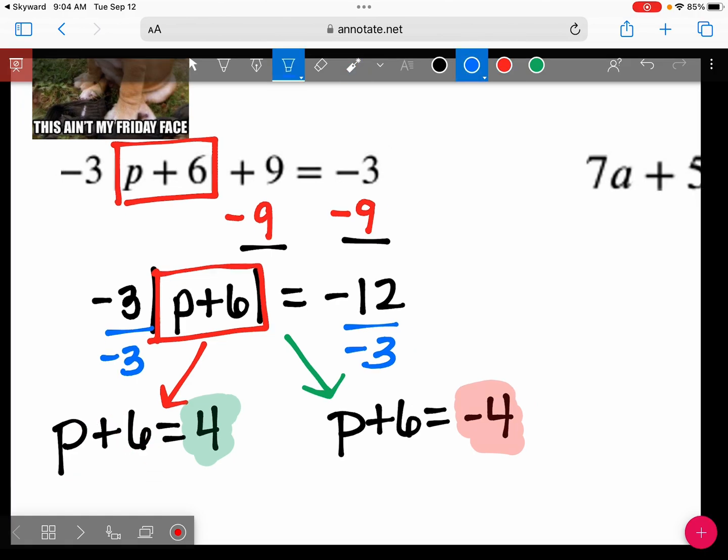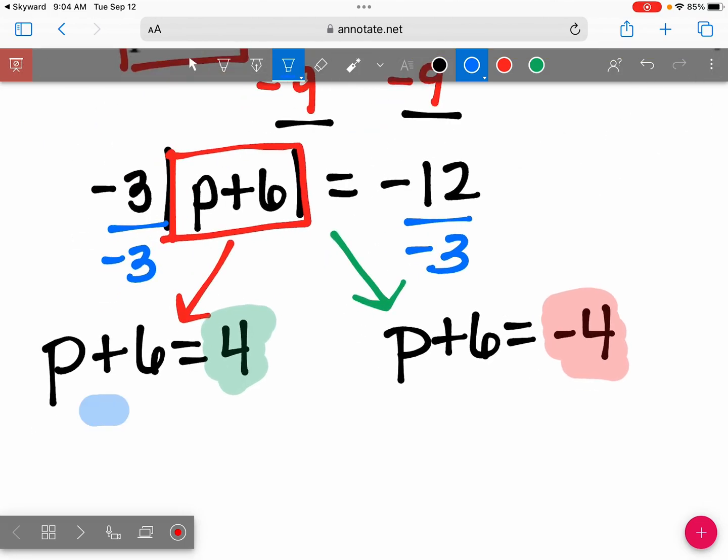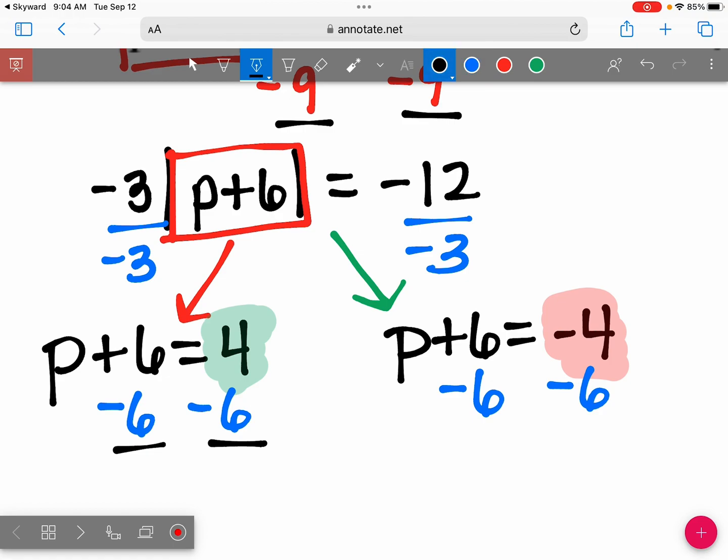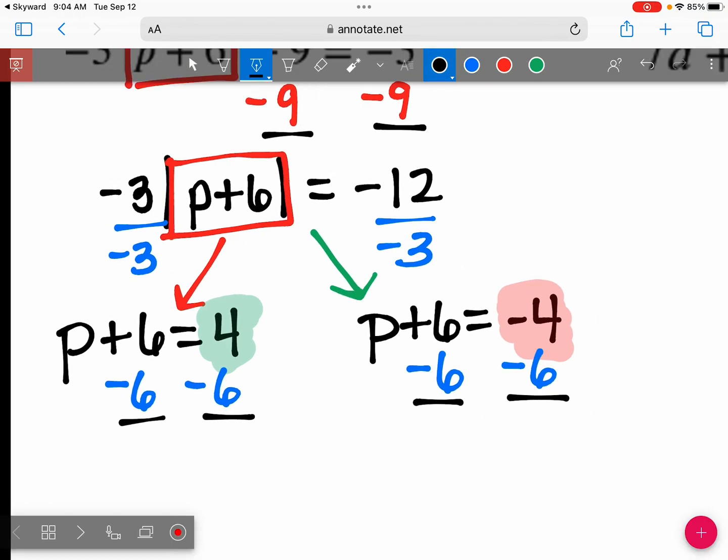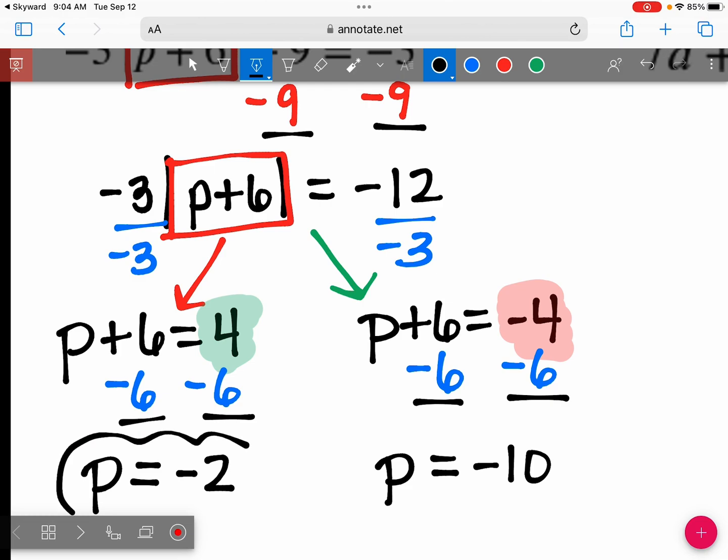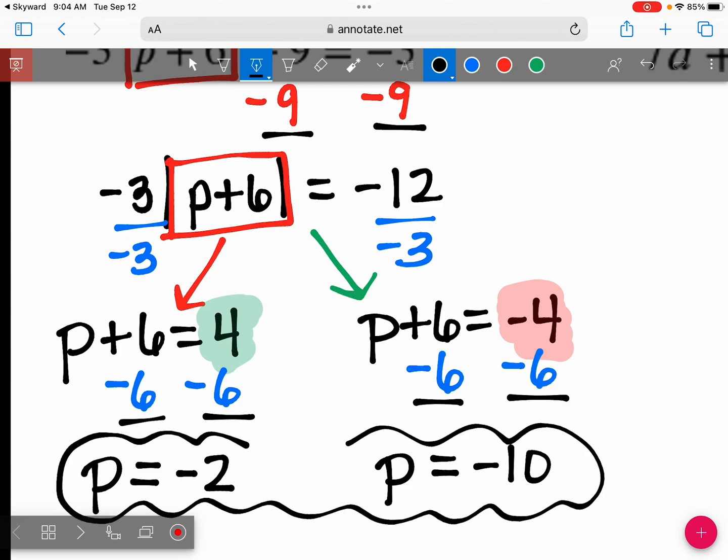So I am subtracting 6. So p equals -2. P equals -10. And that would be your solutions.